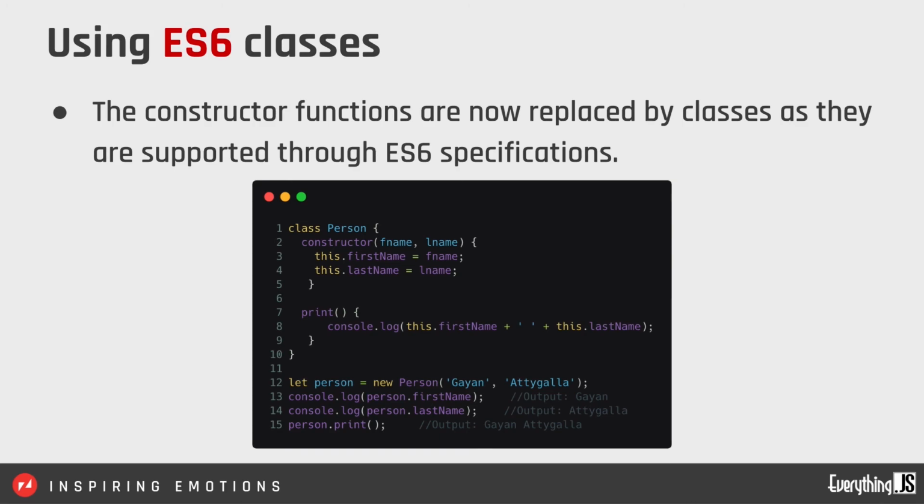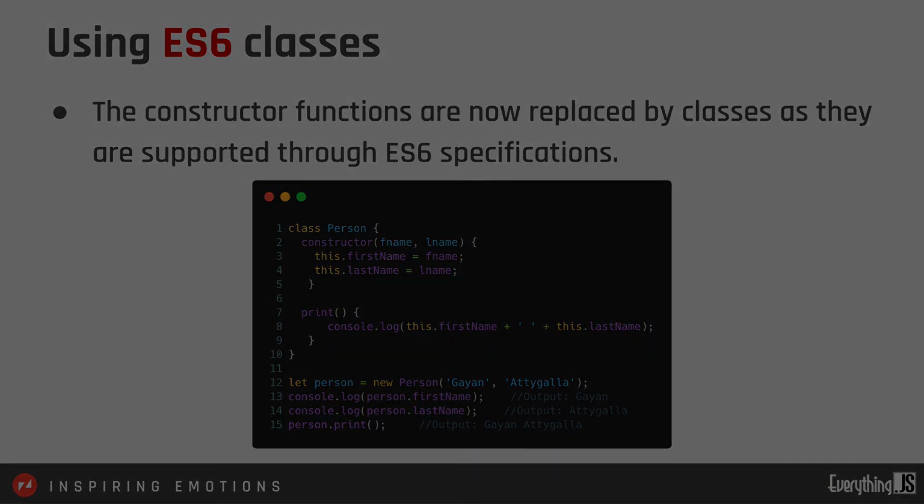This is supported in most of the latest browsers, but still we use prototype and those old syntaxes, and in certain cases we must use them. So you have to have a really good understanding of this and class. Yes, that's all about the fundamentals of objects.